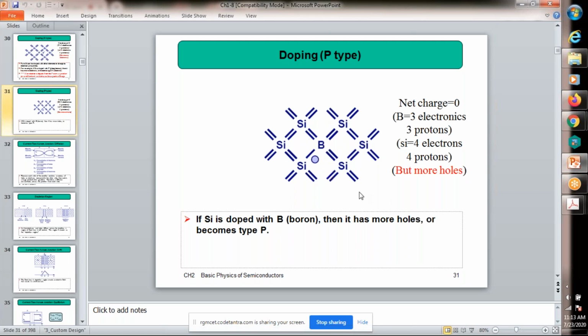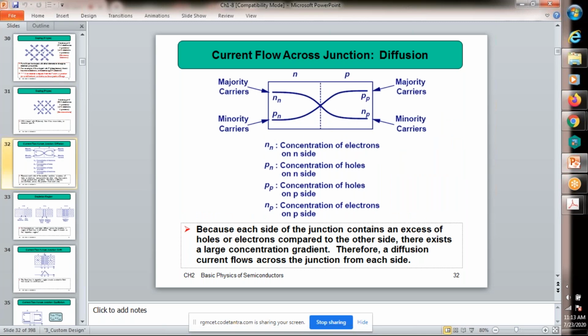So it behaves like a negative ion. And these are the majority carriers and minority carrier concentrations. In n-type, majority carriers are electrons, n suffix n. Here the suffix n represents the type of material. Here the minority carriers are the holes. Similarly, in p-type material, holes are the majority carriers and electrons are the minority carriers.